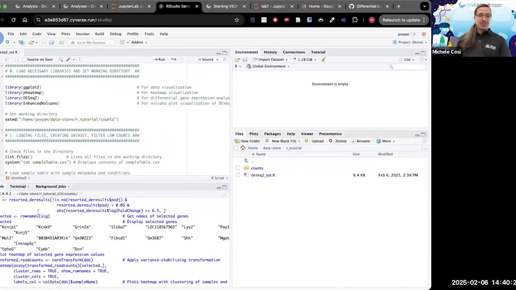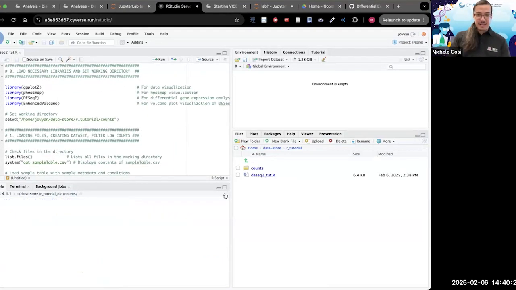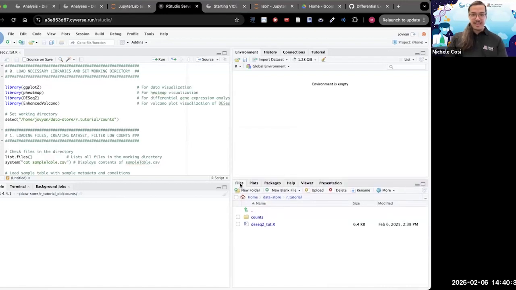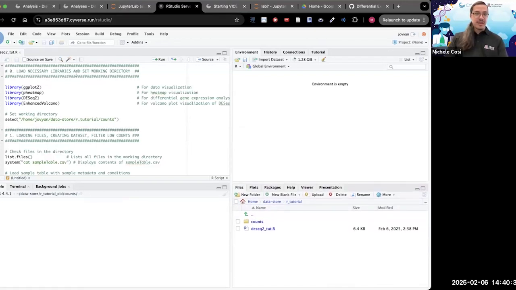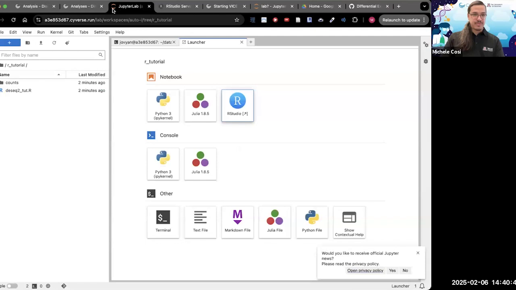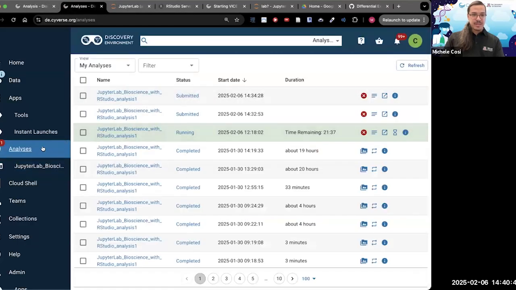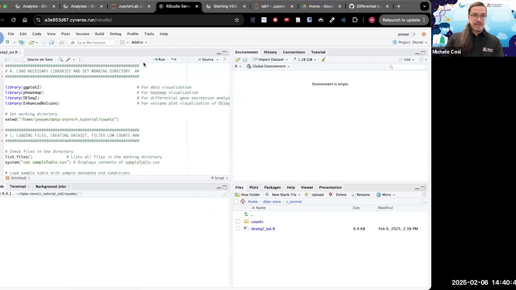Now, ideally, you shouldn't have anything here, and it should look something like this if you have a running RStudio like me or an application. Man, they're still not running. Interesting. Okay. All right. Oh, well.